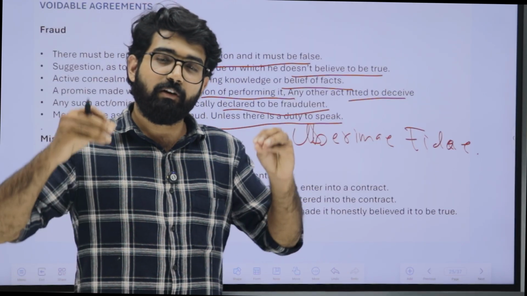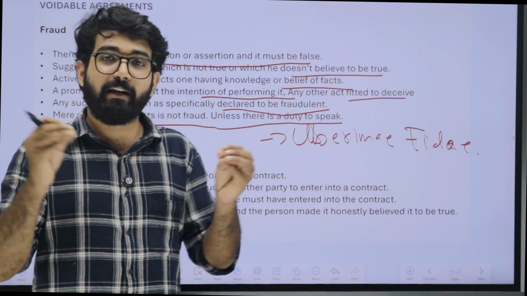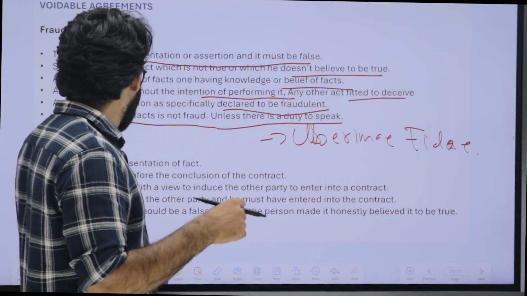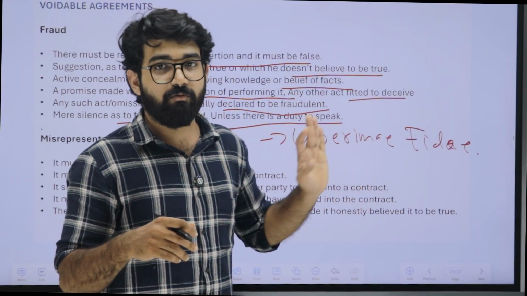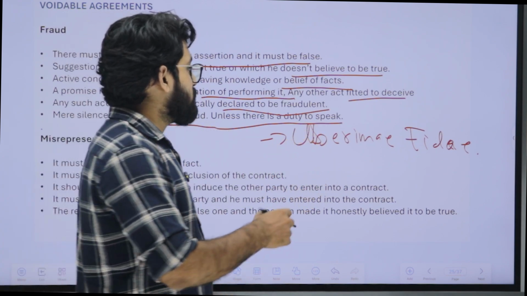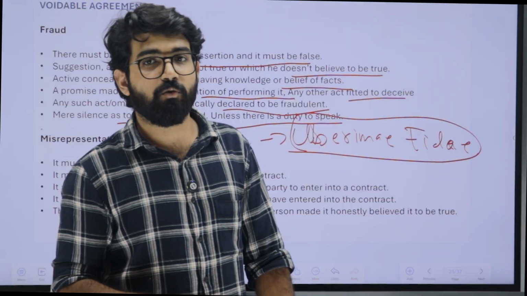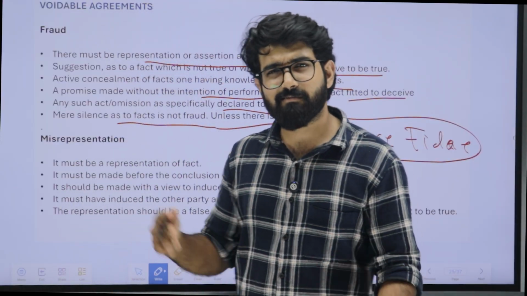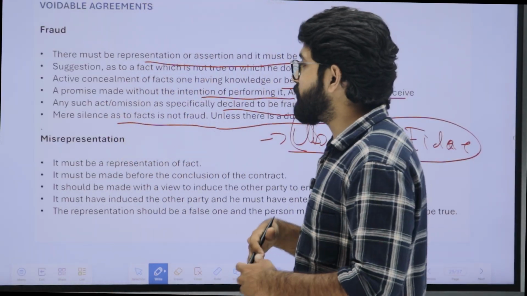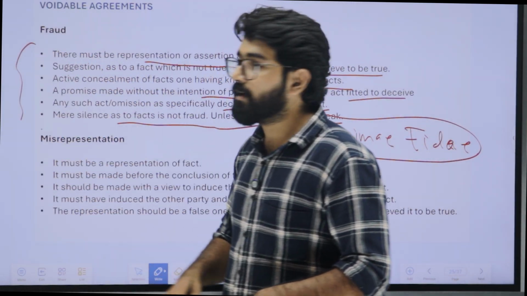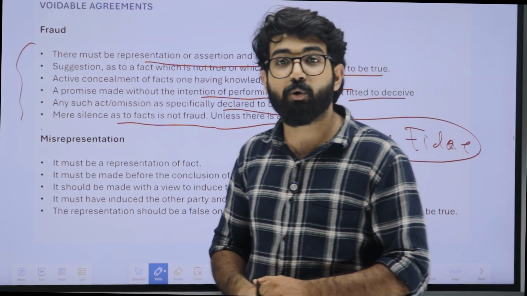These are contracts made out of utmost good faith. Under such circumstances, silence would amount to fraud. So, uberrima fides means contract of utmost good faith. Just for your knowledge, keep that in mind. So these are the things that make a circumstance a fraud.